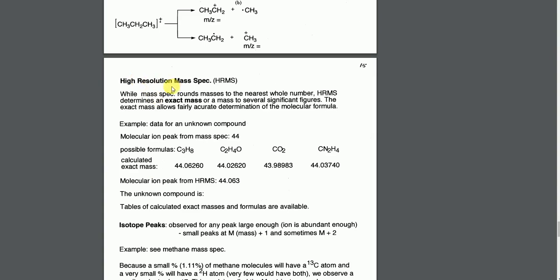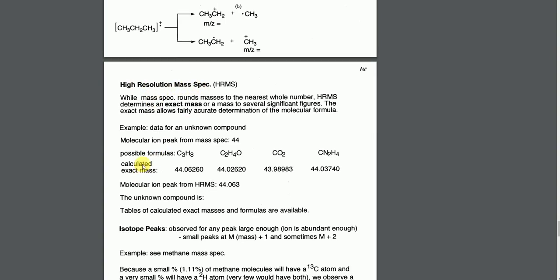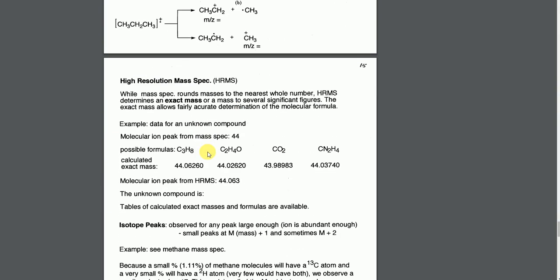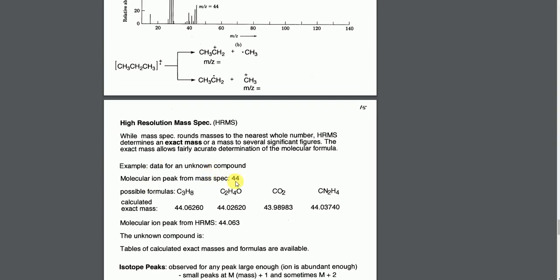And then there's high resolution mass spec, which will give us the mass. It'll give us 44, but there are many things that could be very close to the mass of 44, like C3H8, C2H4O, CO2. All these have very close masses to 44: 44.06, 44.026, 43.98, 44.037.